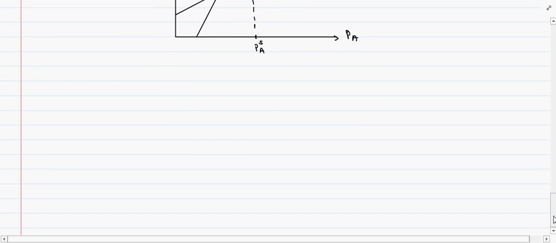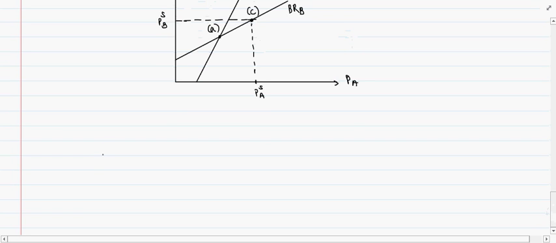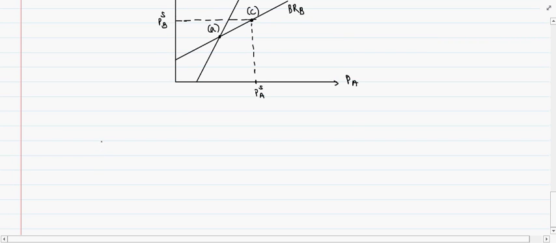Now, as you can see, in the Cournot model equilibrium, it is better to be the first mover because you can set a higher quantity, and the other firm will just respond by lowering its quantity, and therefore you're going to end up capturing a higher share of the market and earning a higher profit.